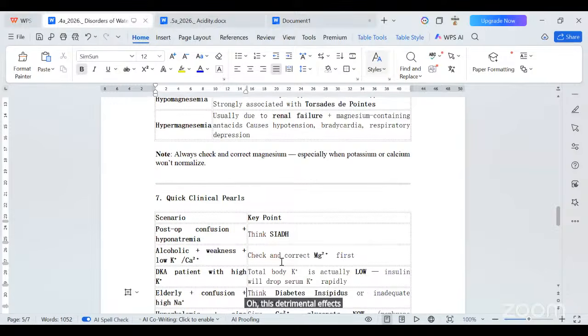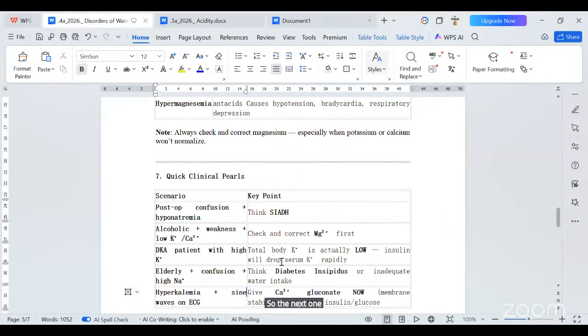So the next one we'll be talking about is the clinical pearls. That is key points to note. When there is weakness or low sodium or potassium in the body, the first sign might be that magnesium is absent or deficient. If an elderly person is confused or the level is high, it might be as a result of diabetes insipidus.